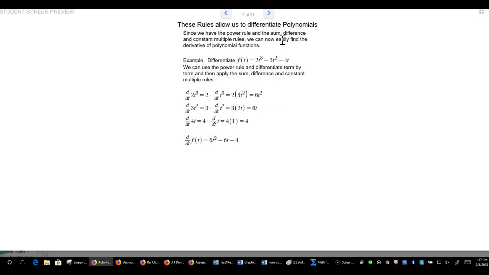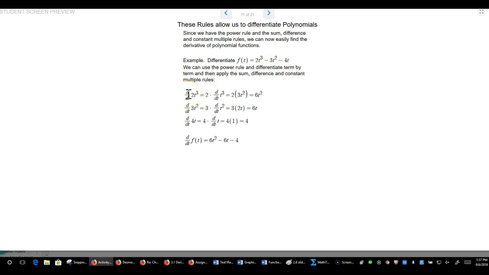We can use all these rules about the power functions and the sum, difference, and constant multiples to find derivatives of complete polynomials, because polynomials are just sums of power functions with integer exponents. So, for example, I differentiate this function, and I can differentiate term by term because of the sum and difference rule.